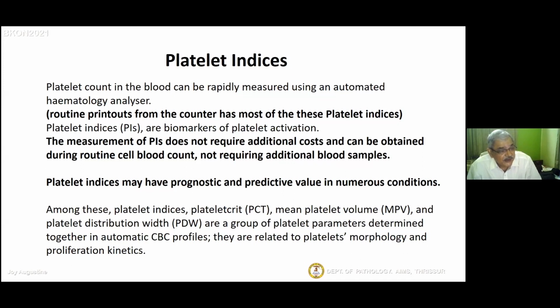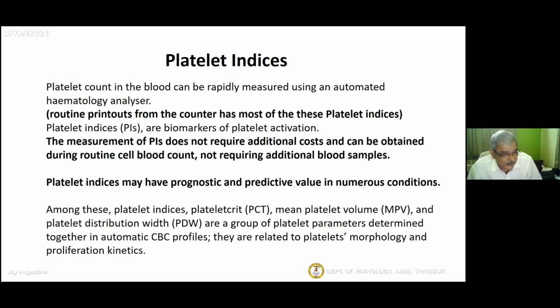These platelet indices are basically biomarkers of platelet activation: increase in size, degranulation, variation in count, so many things. The measurement of platelet indices does not require additional costs and can be obtained during a routine blood count, not requiring additional blood samples. Of course, some centers will not report these till it's paid for, and that is also understandable.